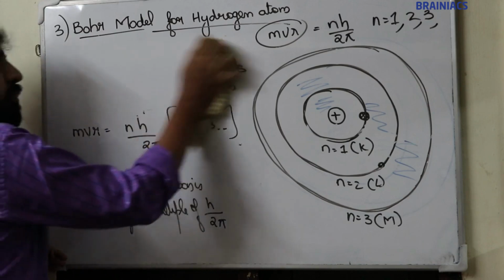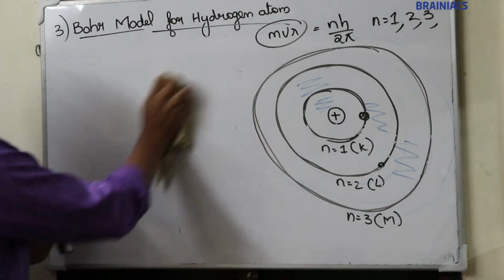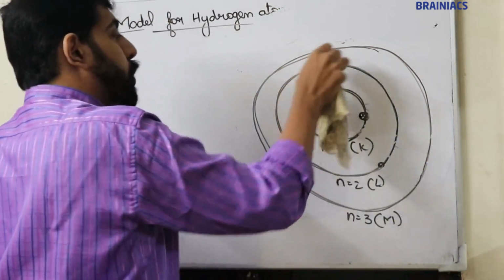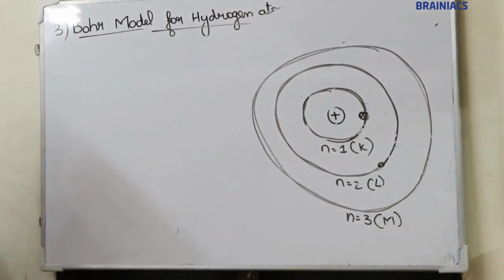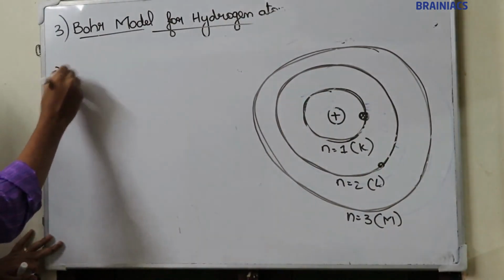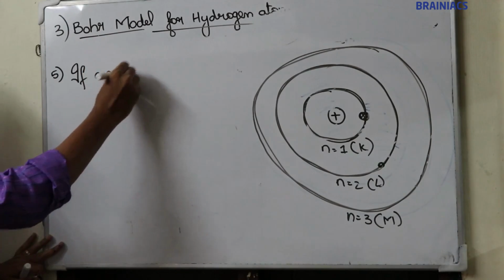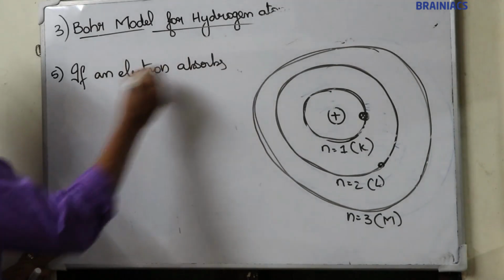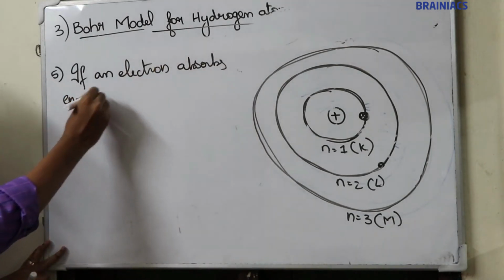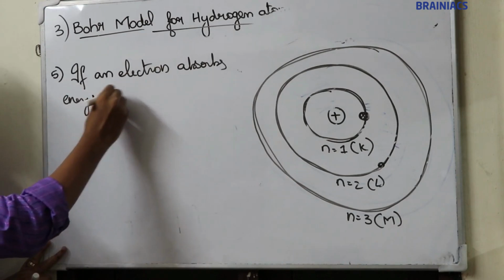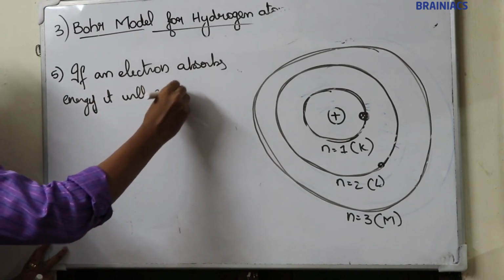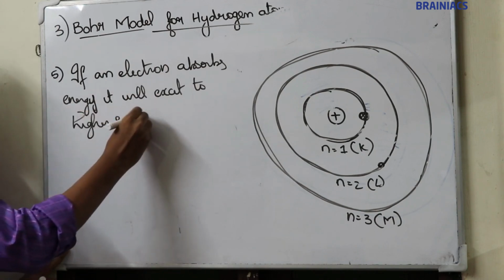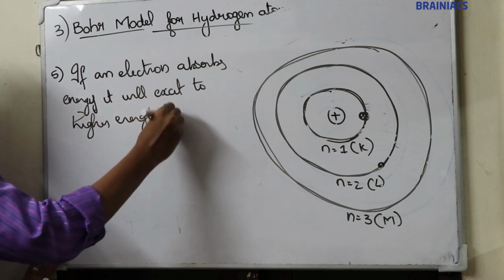Now, fifth postulate. If an electron absorbs energy, it will excite to a higher energy level.